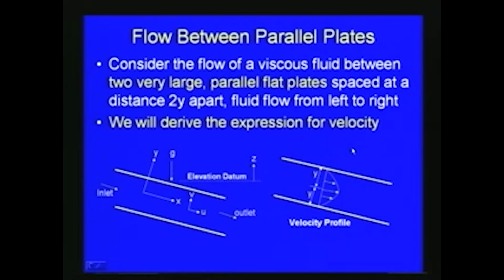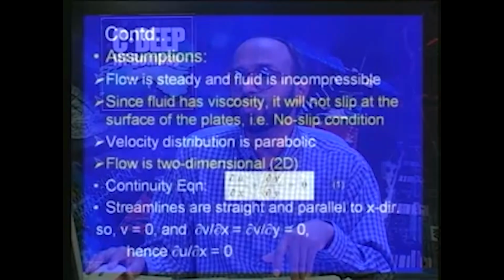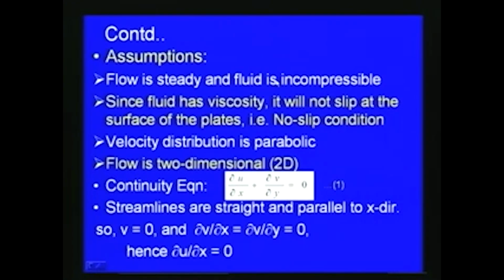Here we consider the viscous flow, and we derive the expression for velocity for this particular case of laminar flow. Before deriving the equations, we will be using a number of assumptions, so that we can use Newton's second law. The assumptions used are: the flow is steady and the fluid is incompressible.